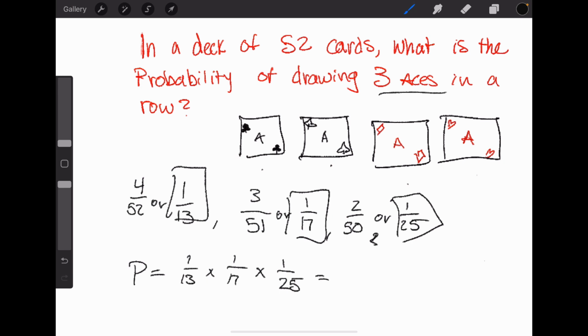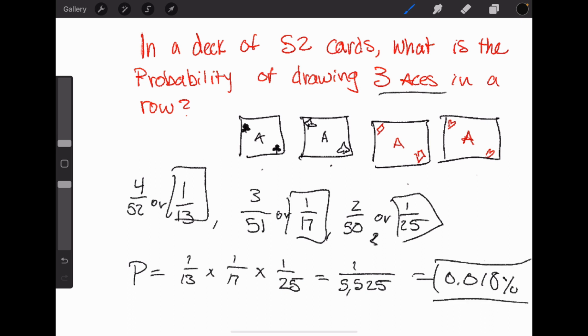And in that, we get an answer of 1 over 5,525, which comes out to be 0.018% chance of drawing 3 aces in a row.